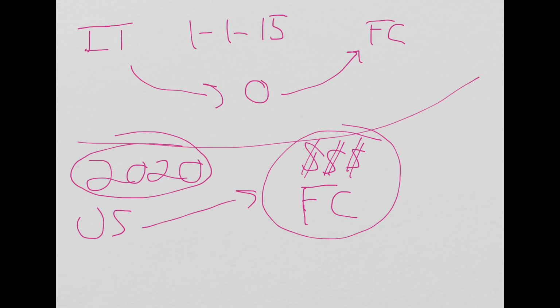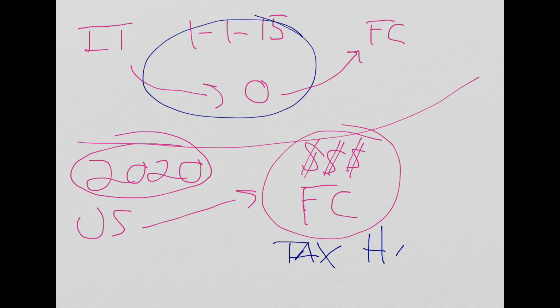And now I realize it would have been a great example to say that this code section looks at this with 2020 hindsight. Yes, it does. And the way it would do it, it would now say that the value of that transfer back in 1/1/15 now has to be taxed because this is in a tax haven. Again, an exception would exist if it's an actual operating entity in foreign country FC.